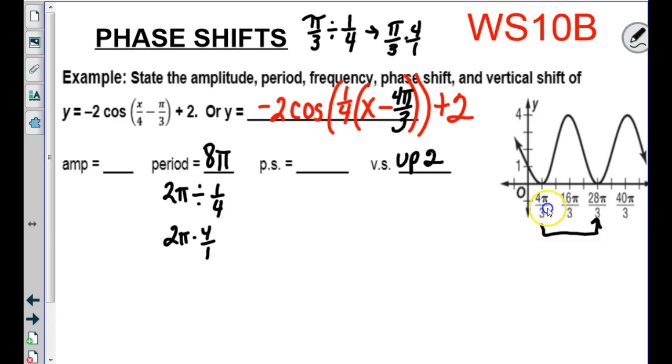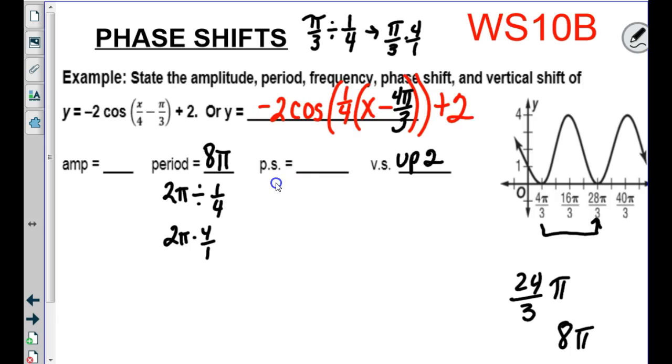If I subtract those two numbers, I don't get 8 pi, do I? I get 24 pi over 3. Oh yeah, sometimes 24 over 3 is 8. Whew. I told you it was going to be a bad day for a half hour. You see what I'm talking about, guys? The distance from here to here, if I subtract, is this far, which is 8 pi.